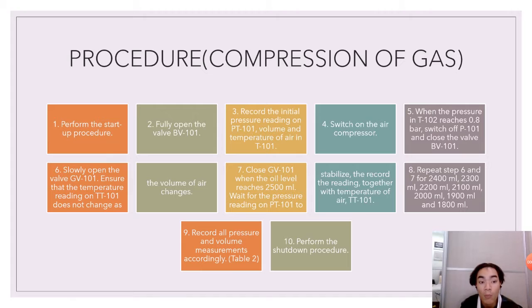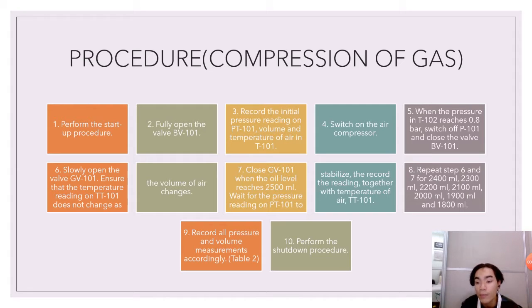We have to slowly open the valve GV101 and ensure that the temperature does not change as the volume of air changes. Next, we have to close GV101 when the oil level reaches 2.5 liter. We have to record the reading together with the temperature of air.